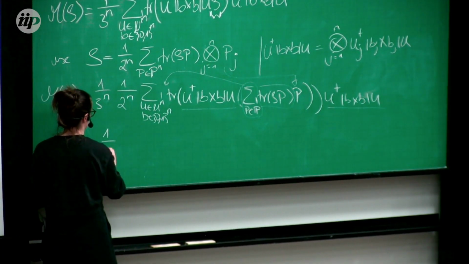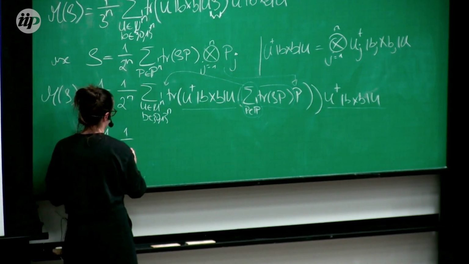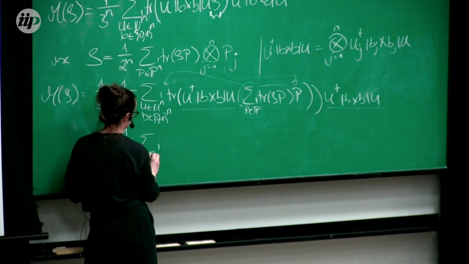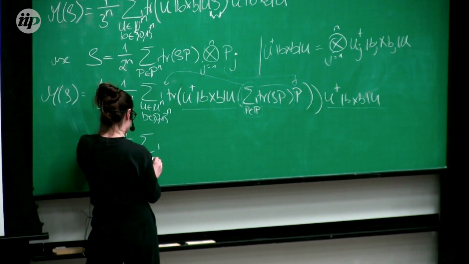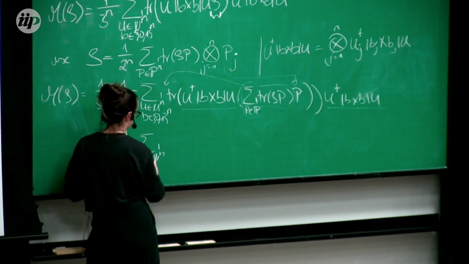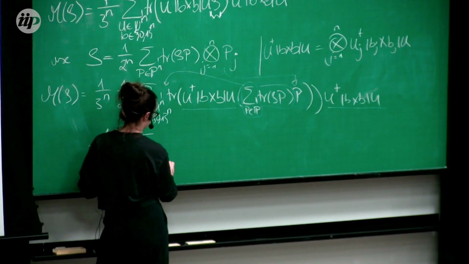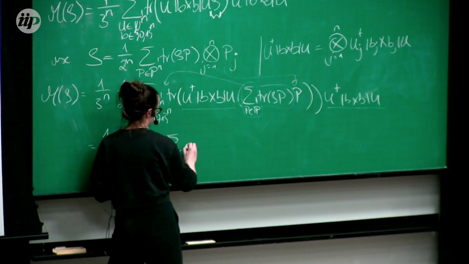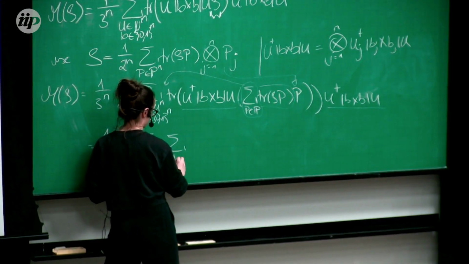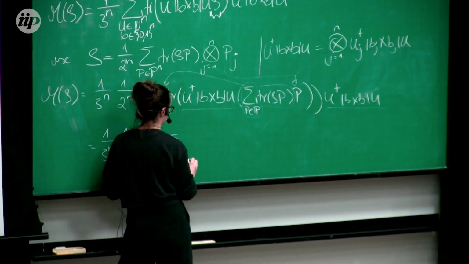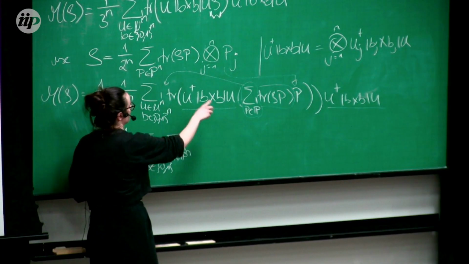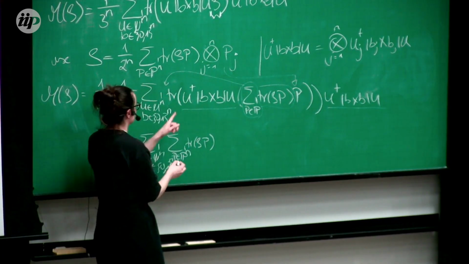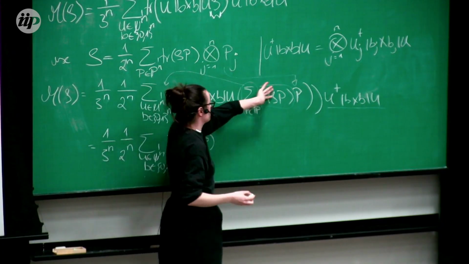So we have 1/3^n, sum over our measurement ensemble. Now the sum over the Paulis, well, P, trace of rho P, and this is just a number, so I can pull it out here.